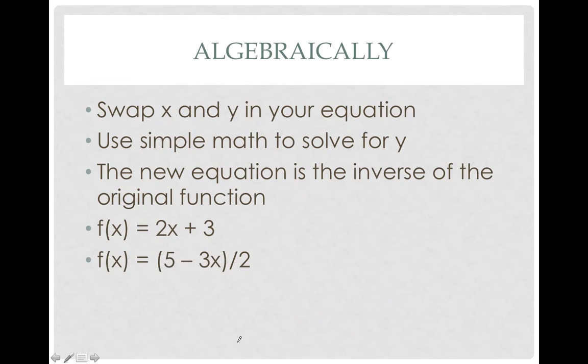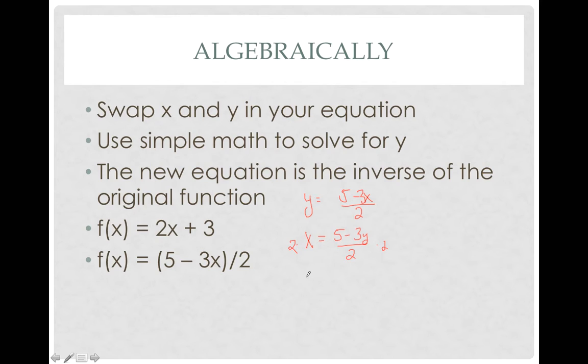Well, what about this one? We have the equation y equals 5 minus 3x all over 2. We need to swap x and y. Now we need to multiply by 2 to get y by itself again.